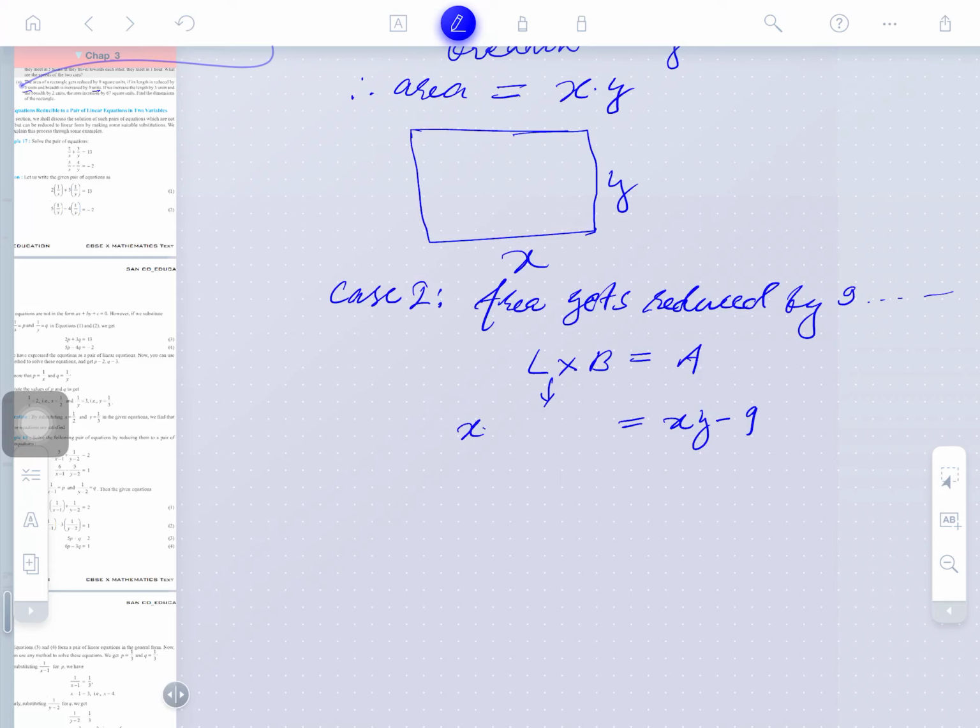Reduced by means x minus 5. Increased by means y plus 3.